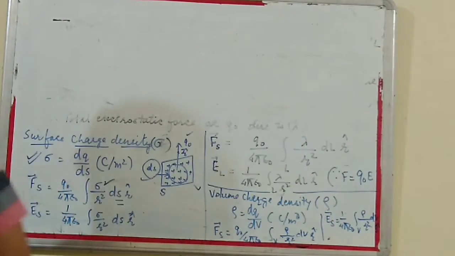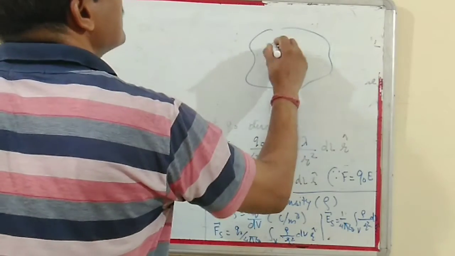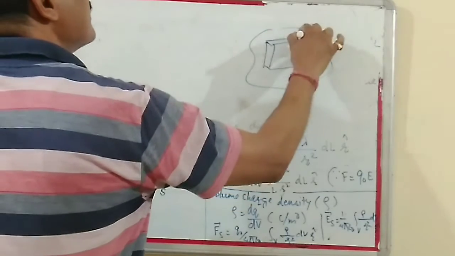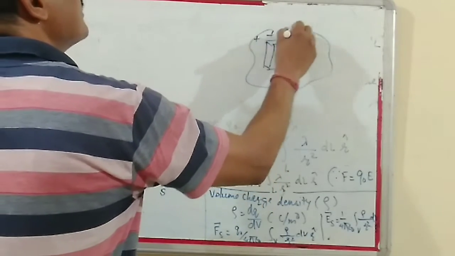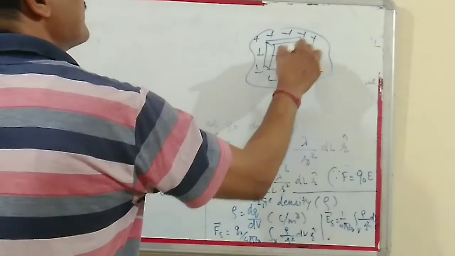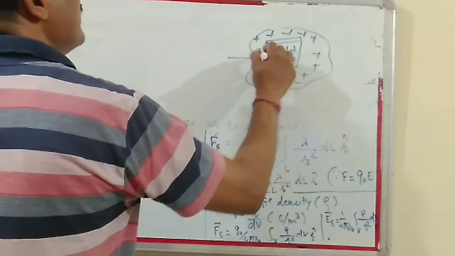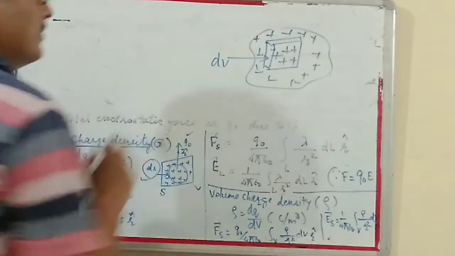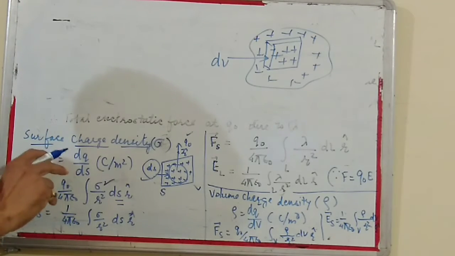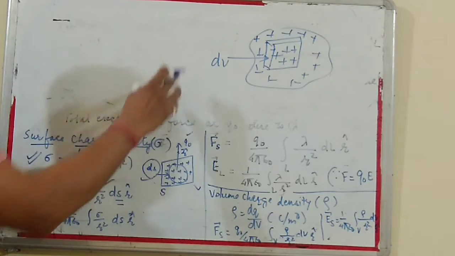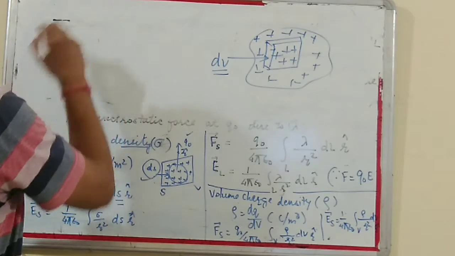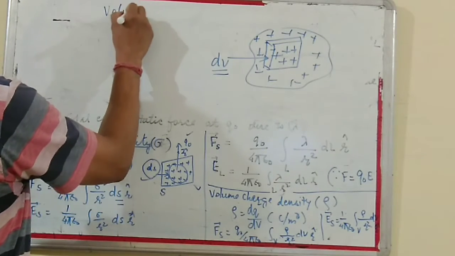In the same manner, consider volume charge density. Suppose we have a body having a volume, with positive charge distributed in it, and a small element of charge, that is a small volume element dV.